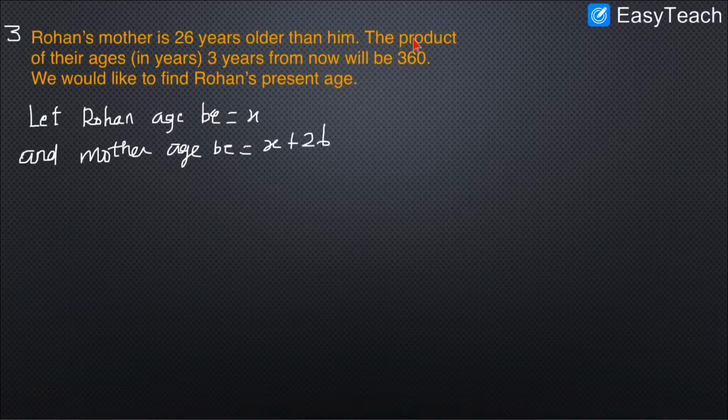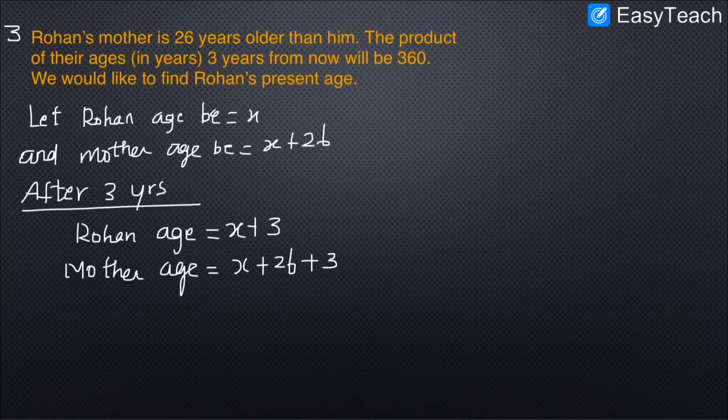So in the second condition, the product of their ages 3 years from now will be 360. So we need to find both of their ages after 3 years. After 3 years, Rohan's age will become x plus 3 and the mother's age will become x plus 26 plus 3.